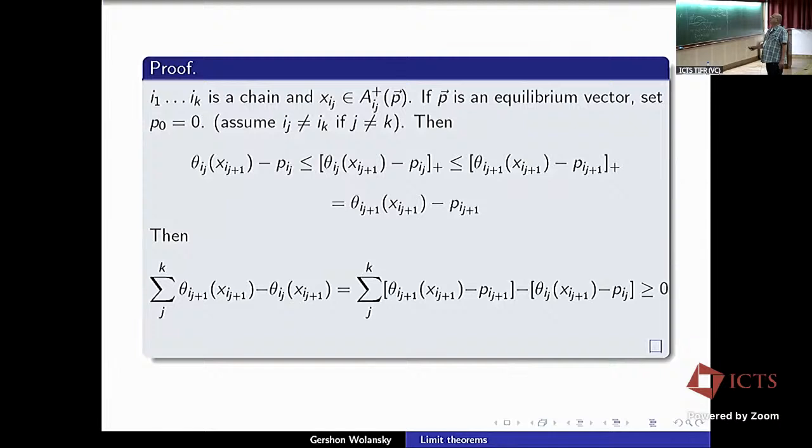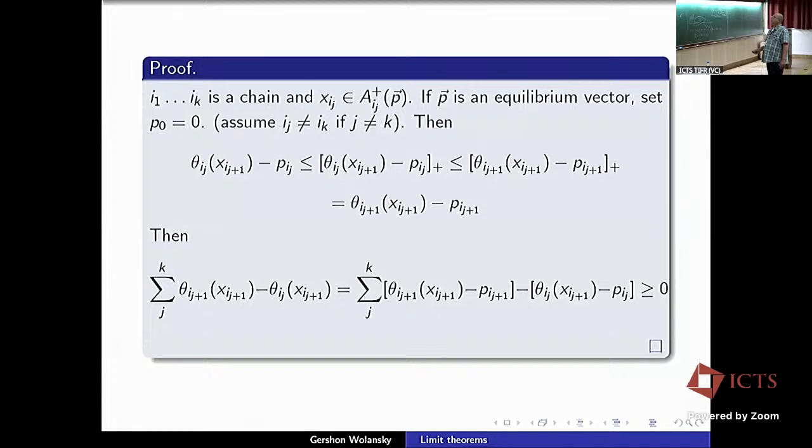So we change the index from here and here to i_j plus 1 and leave the point x_ij plus 1, because, again, by definition, this is the one that maximizes the profit minus the price of the other. And this is smaller or equal than if you remove the positive part.